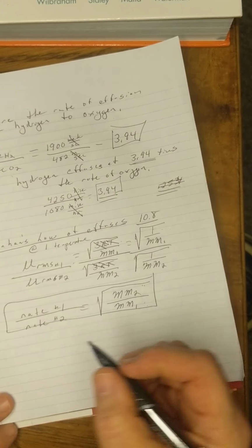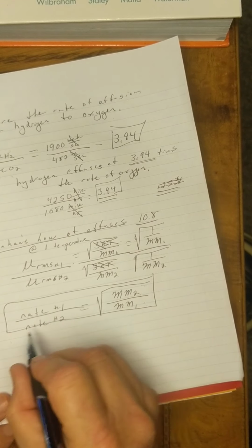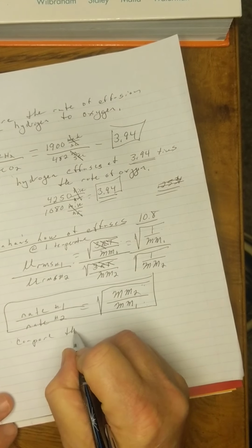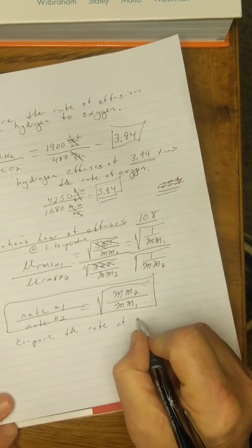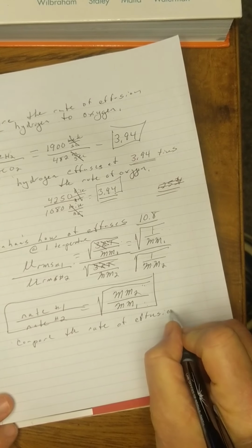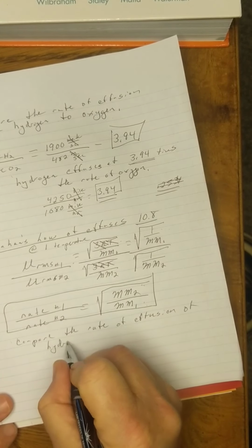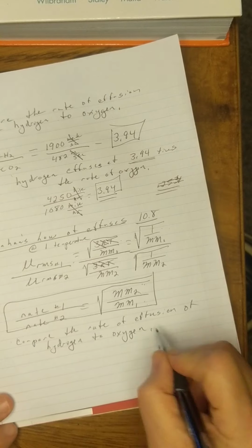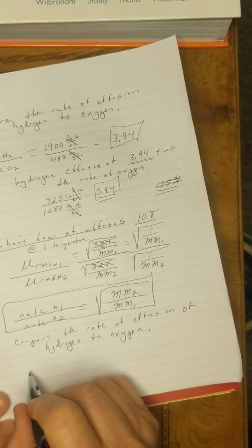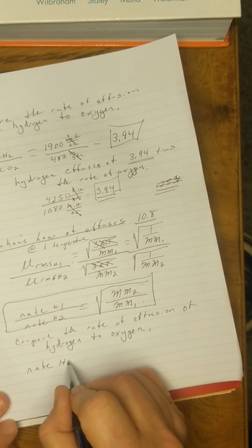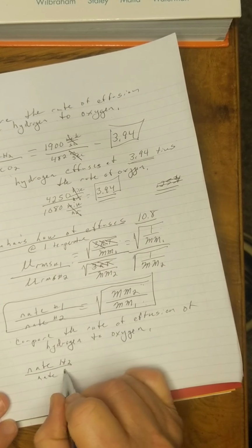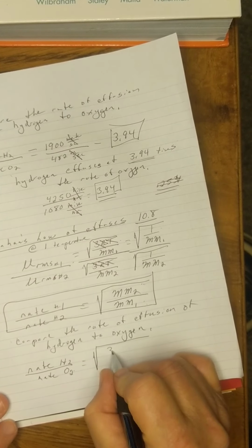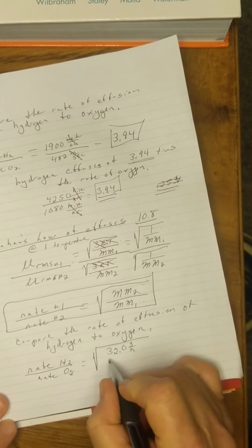So let's compare this to the work that I just did. Using this, compare the rate of effusion of hydrogen to oxygen. I would say the rate of hydrogen compared to the rate of oxygen is the inverse of their molar masses. Now oxygen is 32.0 grams per mole.